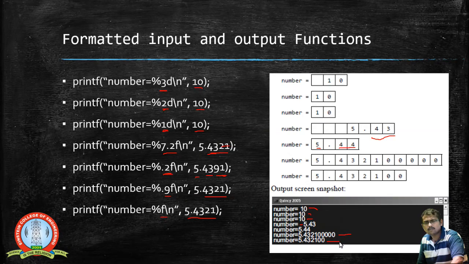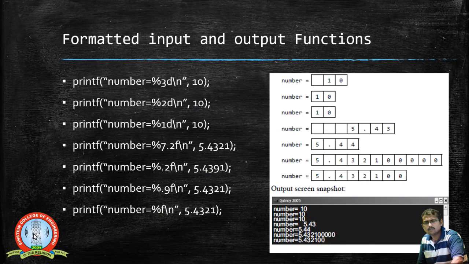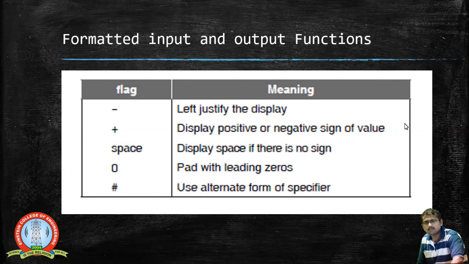So this is an example of how the precision and width values are specified, and how it is printed as per the width specified. In the formatted input and output functions, the flag can take any one of these values specified here.